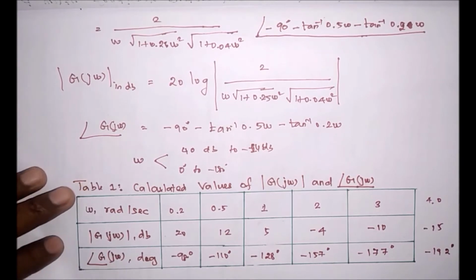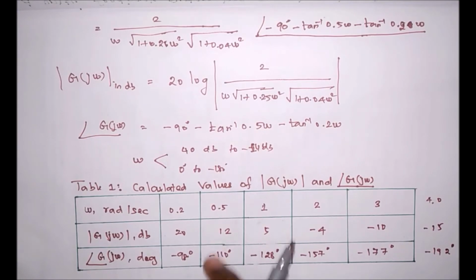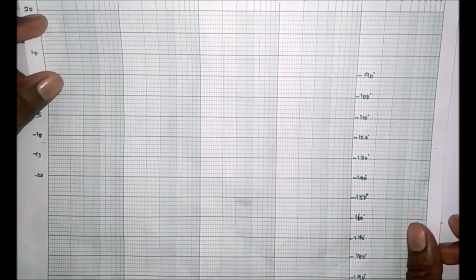Next, using these values we have to draw the Bode plot. We have to plot magnitude and phase angle for various values of omega. This is the Bode plot.